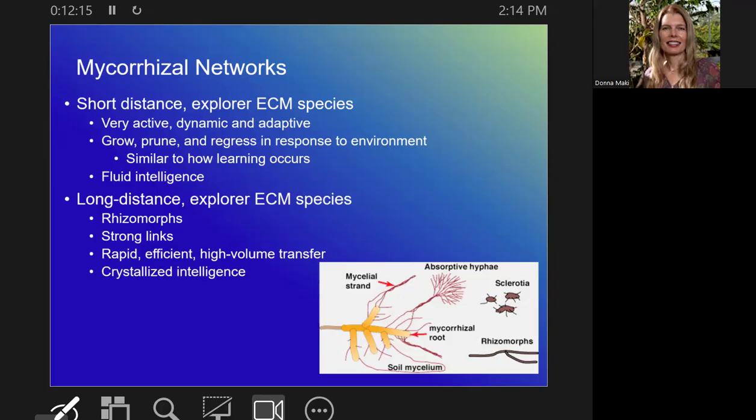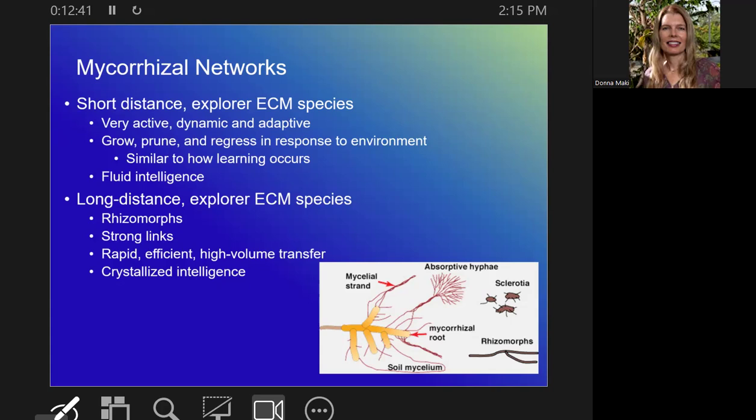And it's more like the crystallized intelligence. When you finally do learn something and it's in your long-term memory, you have a strengthened neural network with many more neuronal linkages. So, an interesting analogy there, taking Charles Darwin and his son Francis's ideas and broadening it out into the mycorrhizal network.